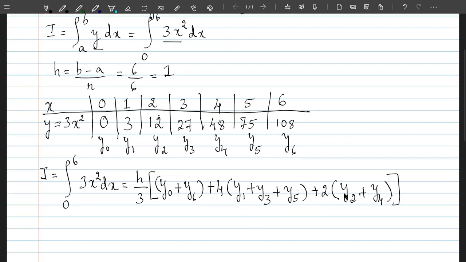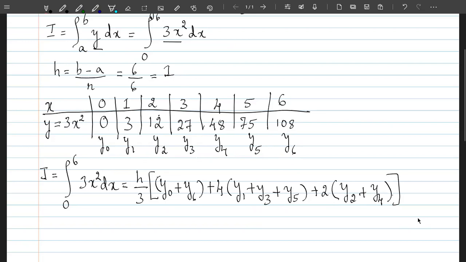Plus 2 into all the terms of y which have got even subscripts. But please note, we do not consider y0 and y6 because they have already been considered. So we take only the remaining even subscript terms, y2 and y4.